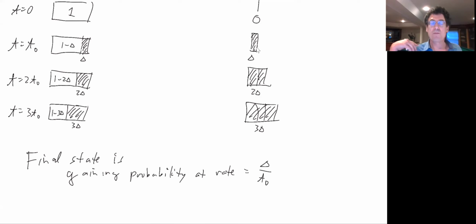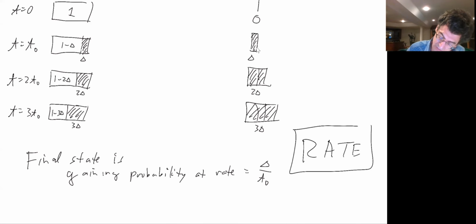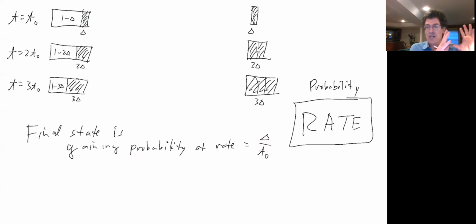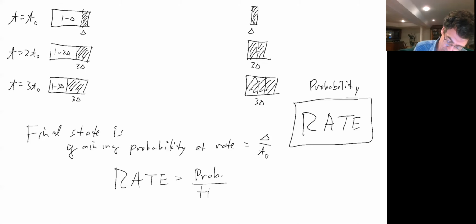So I want you to feel comfortable with this concept of rate, because in physics, this concept of a probability rate is very important. It's a probability rate, because I'm moving probability over to the final state at some rate. So the rate is equal to the probability per time.